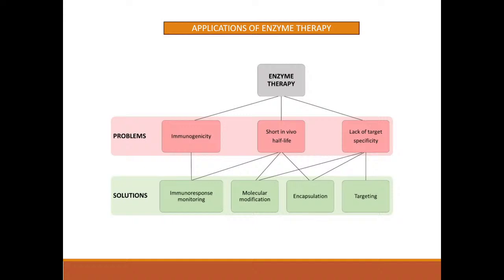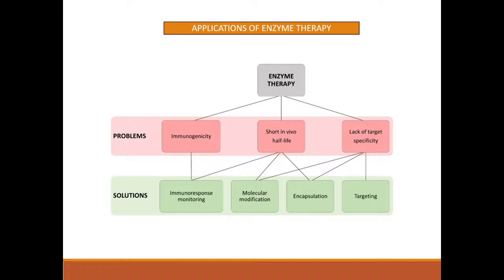Where you are giving the enzyme, it may act on different organs at the same time. It is very difficult; you cannot give it organ to organ. If it is not precise, if it is very generalized and found in different parts, then the specificity of the target is not found or cannot be demonstrated.